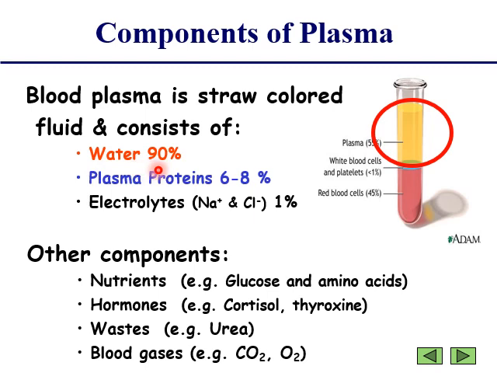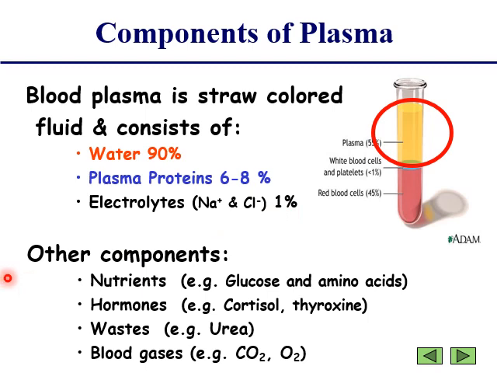90% of the plasma is made up of water. It also consists of plasma proteins, very important proteins, which are 6 to 8%. Electrolytes, since it's ECF, so it's rich in sodium and chloride, which are about 1%.